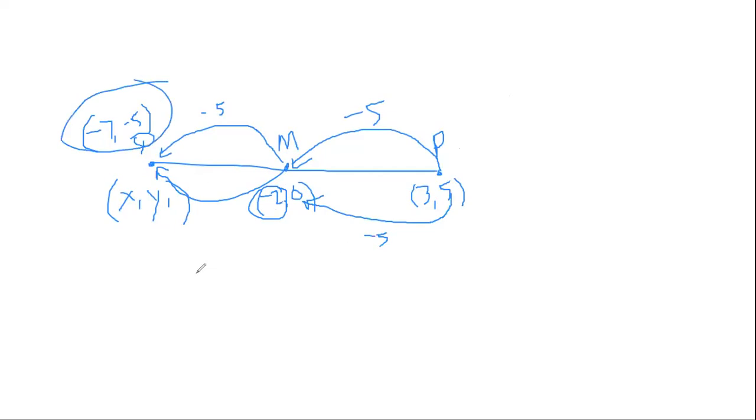Well, this involves 2 calculations now. First, for x, my midpoint value is -2. That equals x plus my other x value, 3, divided by 2. For the y, I have 0. That's my midpoint value.